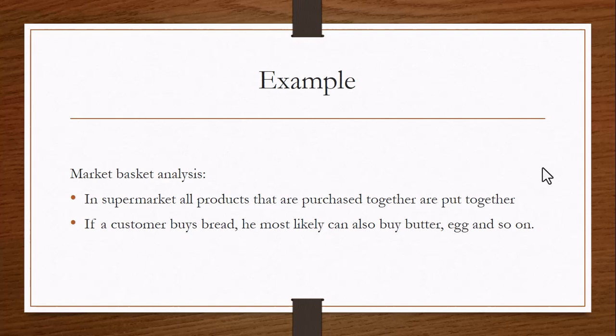For example, if you went to a supermarket to buy a shirt, you most likely think of buying a trouser or hat. If you went there to buy a hair cream, you most likely think of buying a shampoo and so on. And as the example says, if a customer buys a bread, he most likely can buy a butter, egg, milk, and so on.